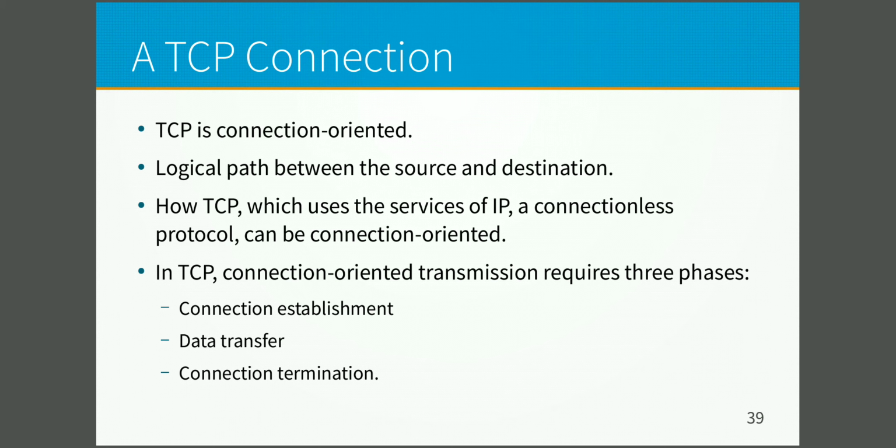Once all the segments arrive, TCP reorders them at the receiver. So these additional services are provided by TCP, and the underlying IP layer is completely unaware of it. This is how TCP is able to provide a connection oriented service on top of the IP protocol, which actually provides a connectionless service.